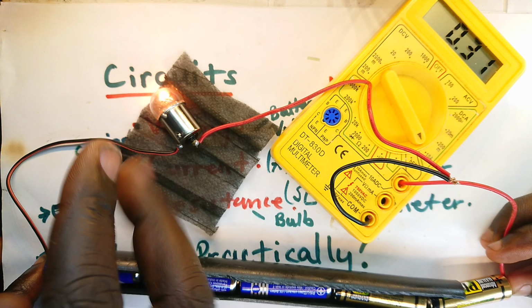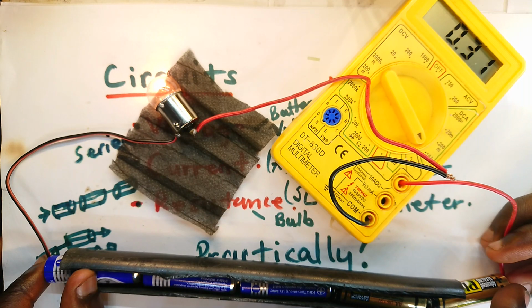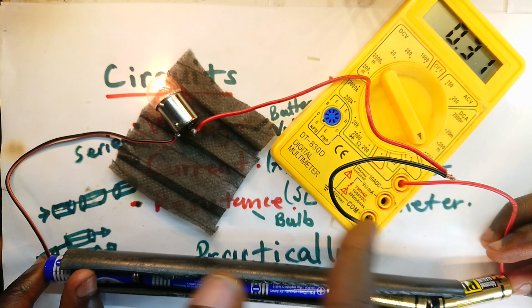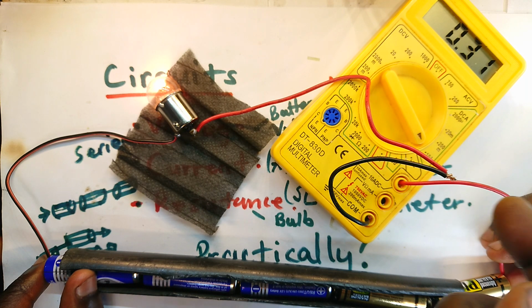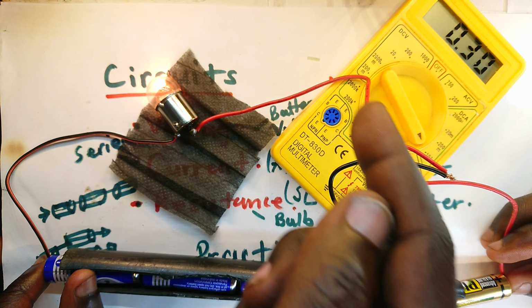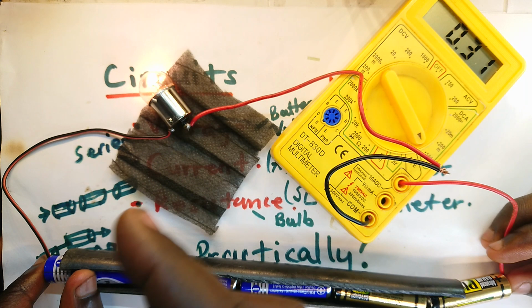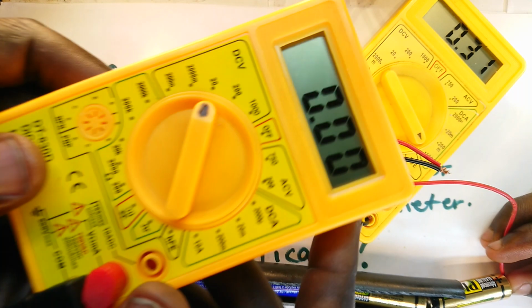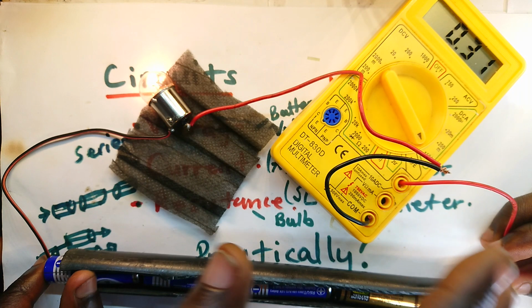In other words, if this wire of the bulb was connected to the battery, you would cut it and then use the ammeter to join it, so that current first passes through the ammeter, then through the bulb, so that it can pick it and measure it. Whereas with the voltmeter, you don't need to cut or break the circuit.